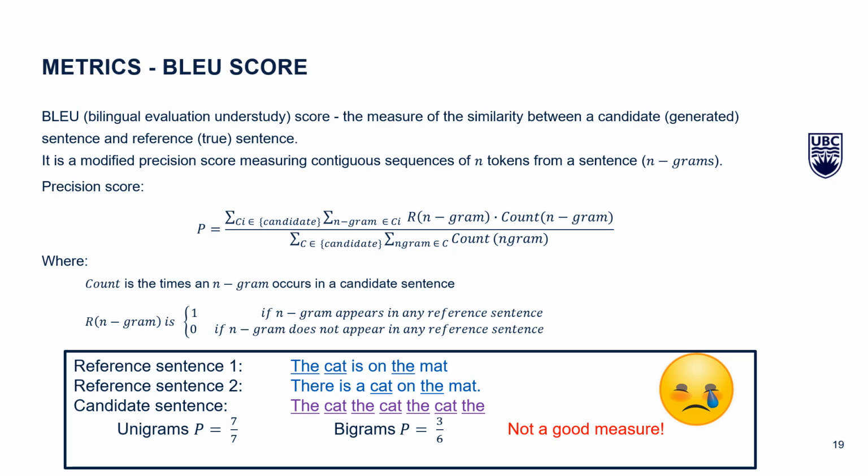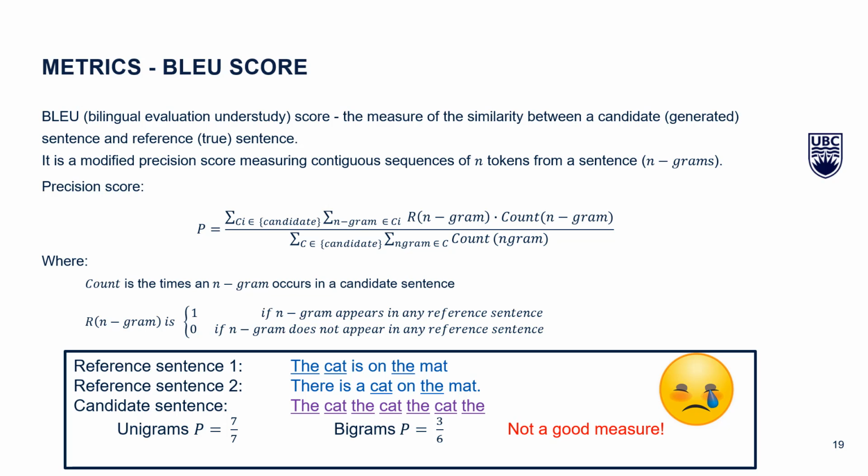So the candidate sentences are generated and the reference sentences are true. However, using single words doesn't really produce human readable sentences well. So the BLEU score uses n-grams, or n contiguous sequences of tokens from a sentence. Longer n-grams tend to produce more fluent sentences.